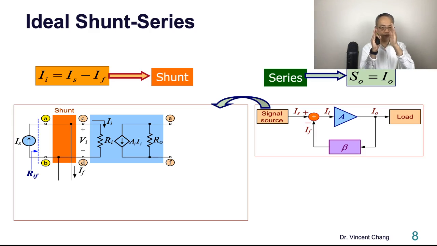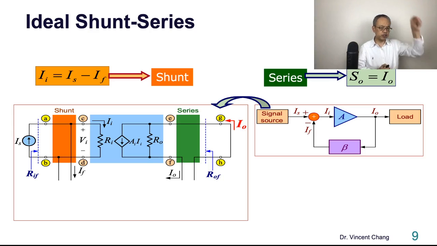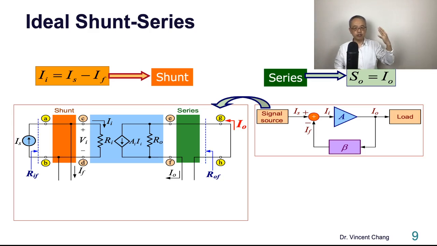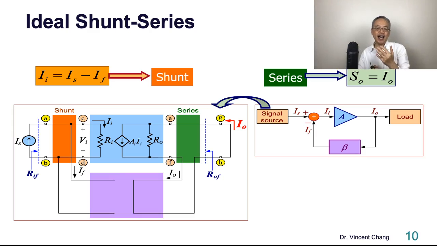in parallel with the output resistance, is the Norton equivalent of the current amplifier, and then the current goes to the output. But in the ideal case, there's no external load, zero load resistance. Therefore, there's no current flowing through RO. So IO equals AI times II.